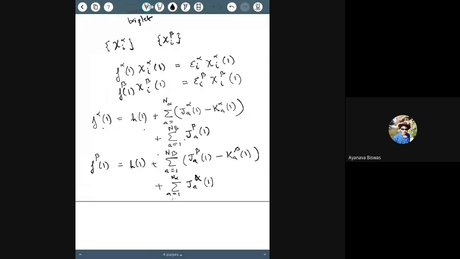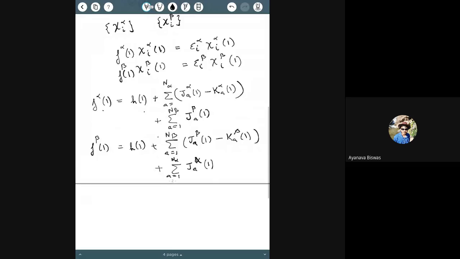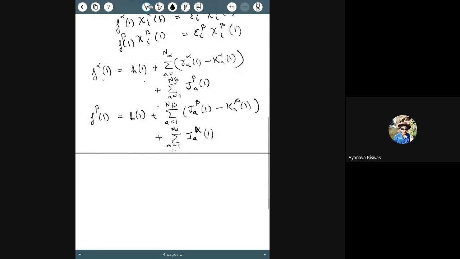But these are still in spin orbital basis. So we have not gone over to the spatial orbital basis yet. And what you need to do now, of course, is to write all these quantities, so J and K, as products of space and spin, and integrate the spin.